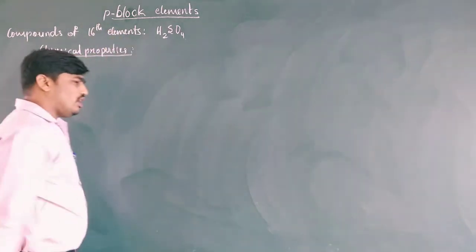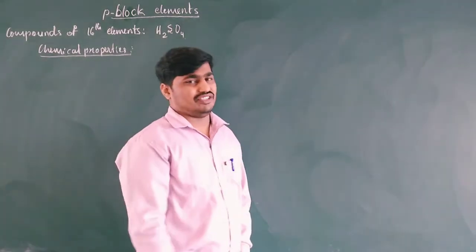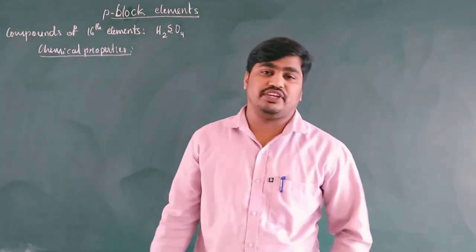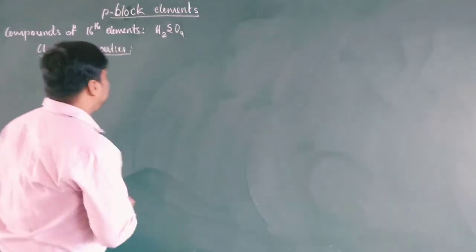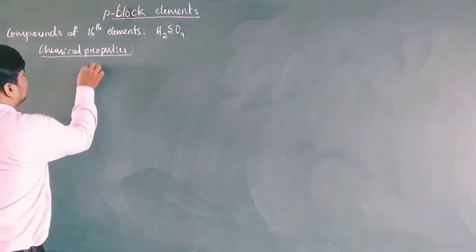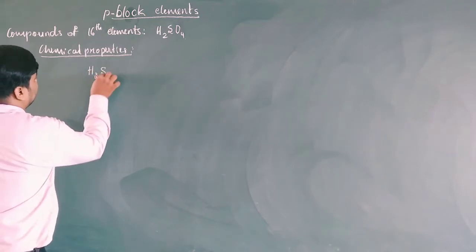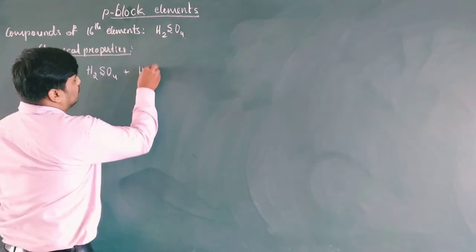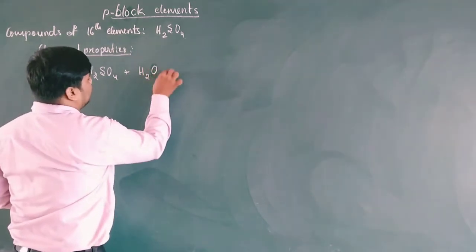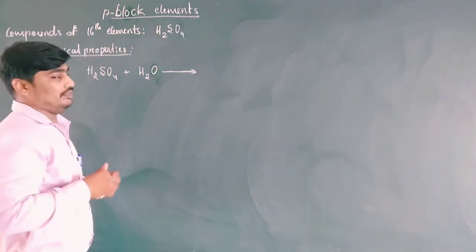How is it a good acid, on what basis can you give the justification? The acidity of sulfuric acid is justified when sulfuric acid is dissolved in water. What happens?